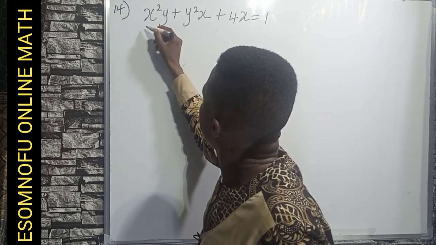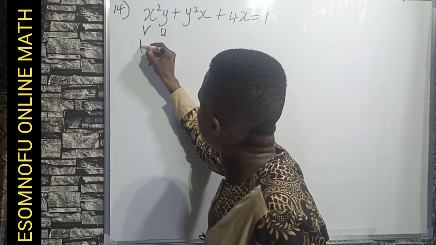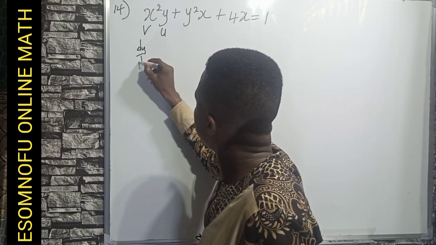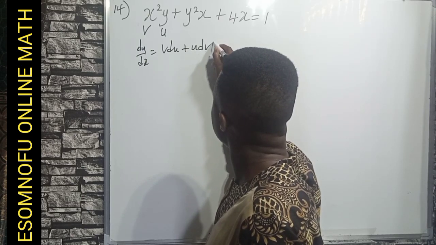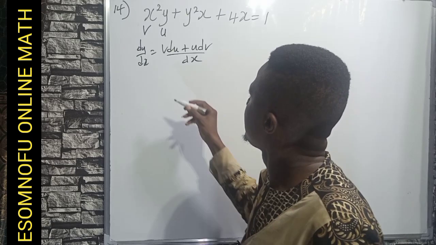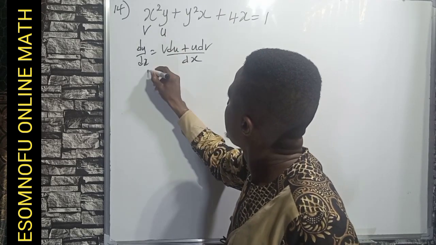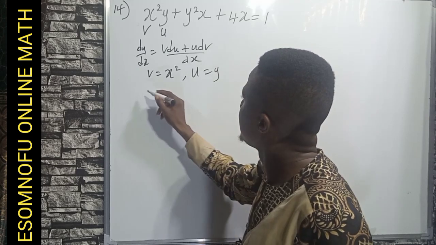So you let the first one be v and the second one be u. Remember the product rule, dy dx is just v du plus u dv all over dx. This is the product rule. Then you can say our v is already x squared and our u is y.